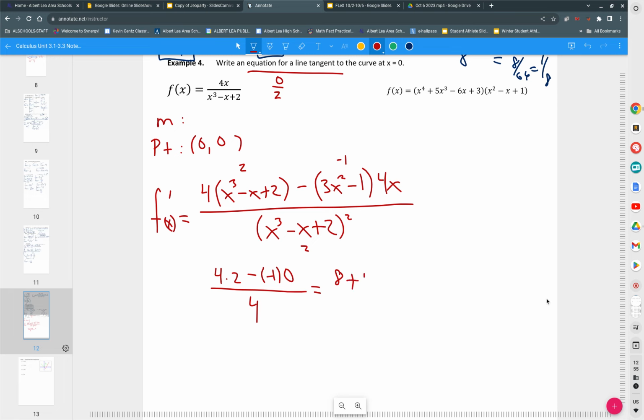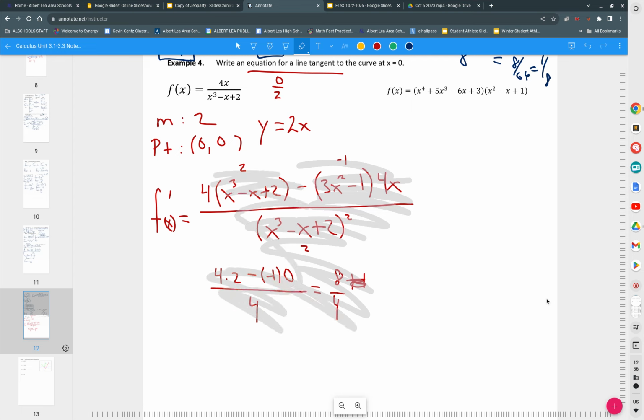Don't the 0 cancel? Oh yeah, so that's gone. -1 times 0 is 0. Divided by 4 is 2. So your equation for your line is? That's it.